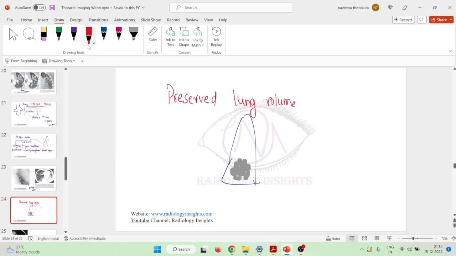So obviously the lung volume is normal, but it is filled with water. As a result, it appears to be opaque. So volume loss is not generally seen in consolidation, but a minor degree of volume loss might be seen.